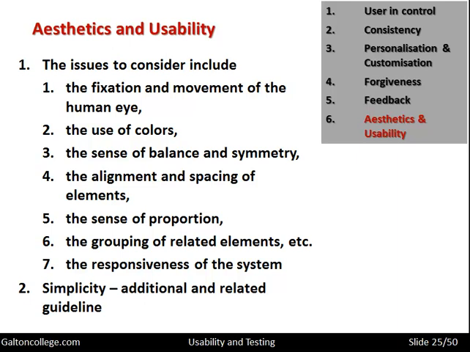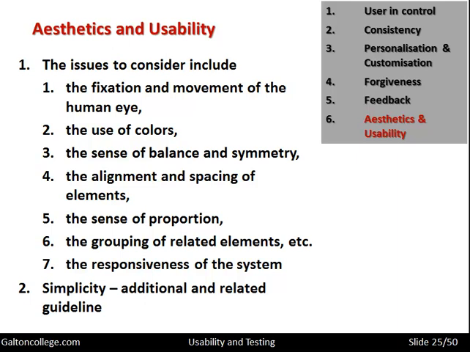So the alignment and spacing of the elements should be set out according to this. There should be a sense of proportion. It should be balanced. The text and everything should not be over in the left-hand corner. It should be set out nicely across the page, logically and uncluttered.